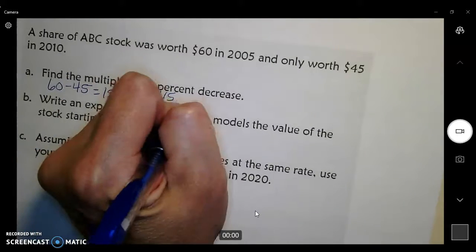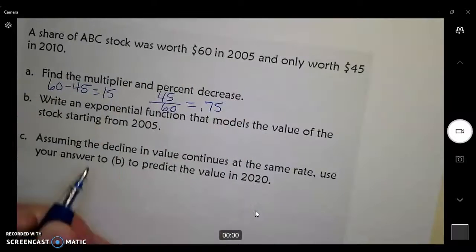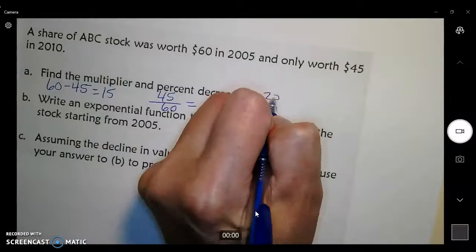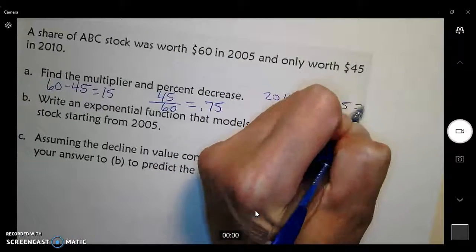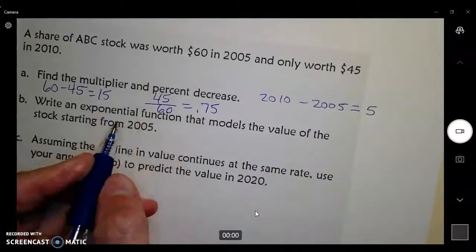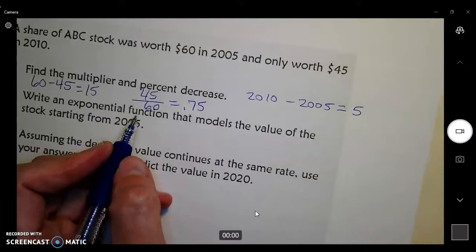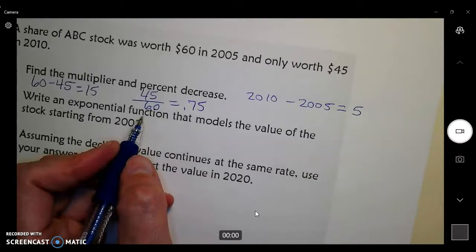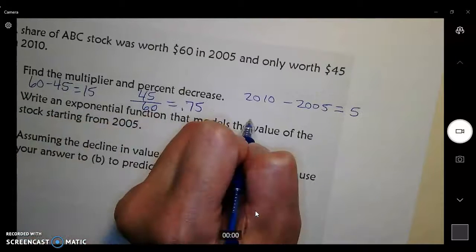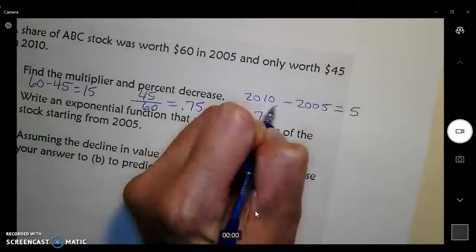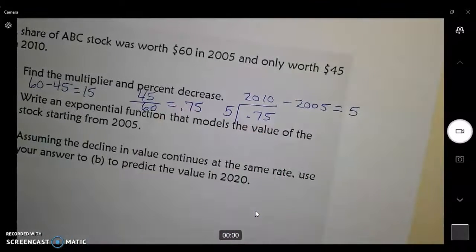So this is 0.75, but this is spread out over 5 years. So 2010 minus 2005 is 5 years. So because it's exponential, it's not a steady rate of increase. It's a percentage every year. So I have to take the 0.75 and fifth root it.